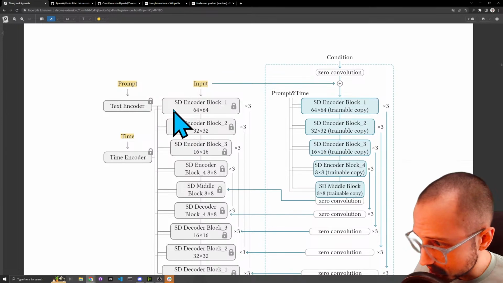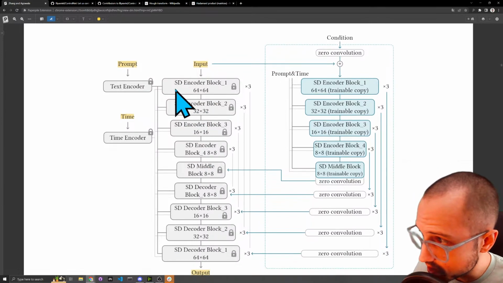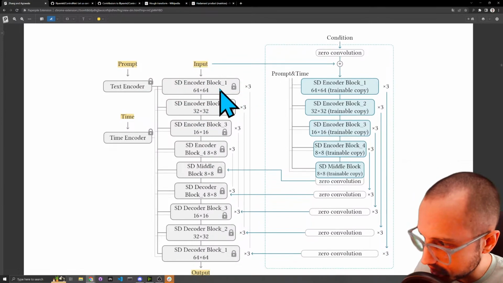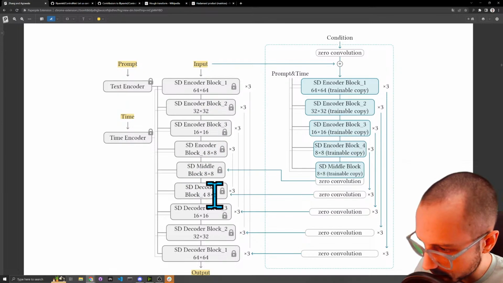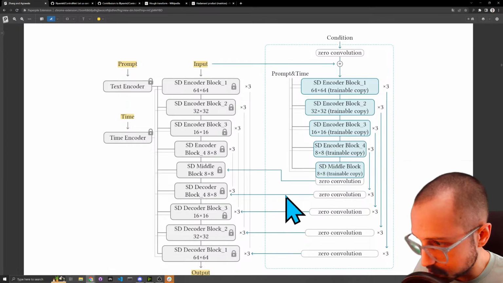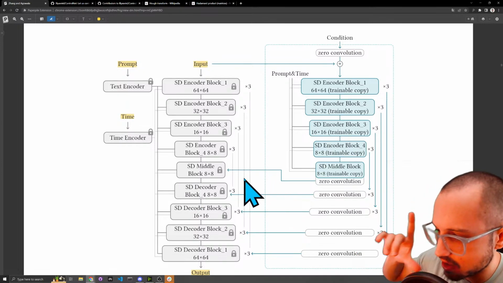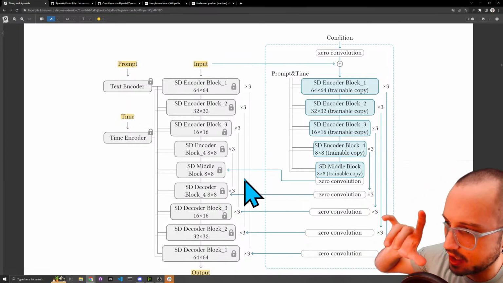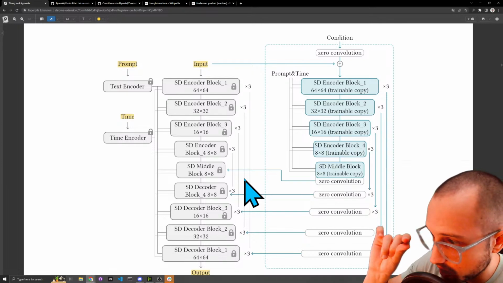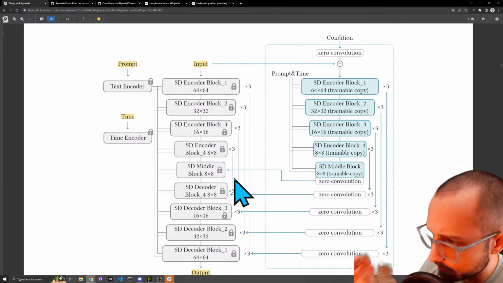But you see here, this is kind of a UNet. So you see how it starts off big, and then it gets to this little choke point in the middle here, and then it goes back to being big. So this is a standard UNet, where UNet is a pretty broad term, and it just refers to this idea of having something that's very wide, and then it gets into a very narrow bottleneck, and then it goes very wide again.